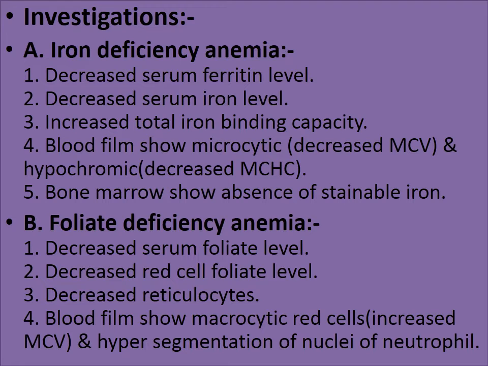In folate deficiency anemia, we find decreased serum folate level, decreased red cell folate level, decreased reticulocytes, and a blood film showing macrocytic red cells, that means increased mean corpuscular volume, and hypersegmentation of the nuclei of neutrophils.